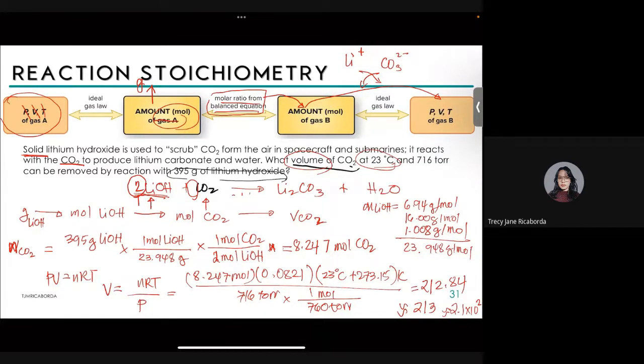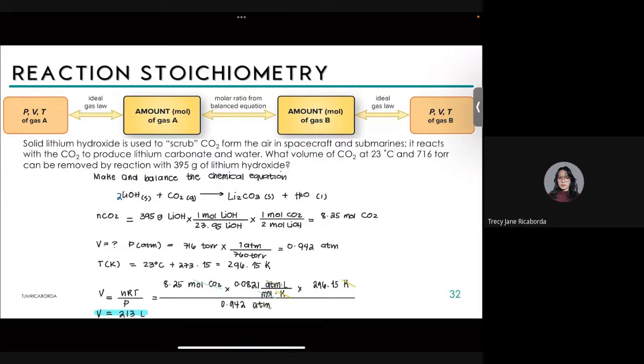I wouldn't prefer it because 213 is a more exact number. So it's 213.